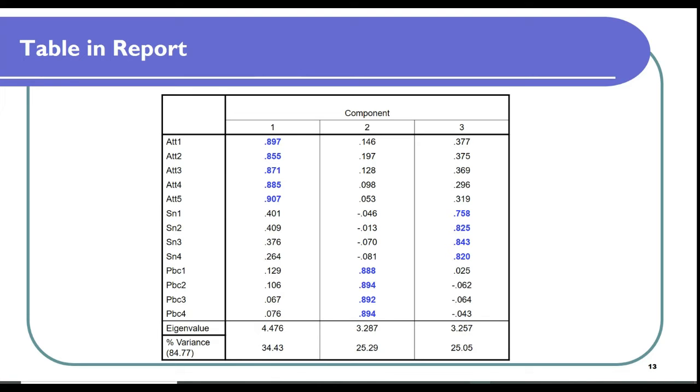We also included the eigenvalue and the variance over here. This is the table in the report, which is very important. You can follow exactly like this in your thesis or in all your research reports.